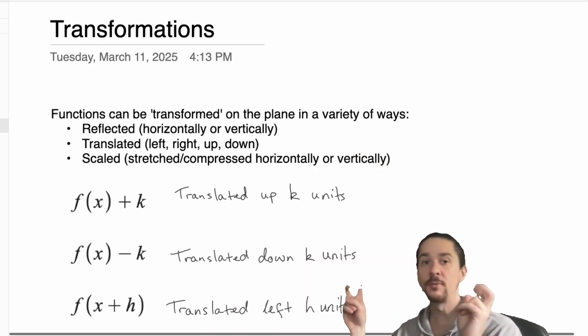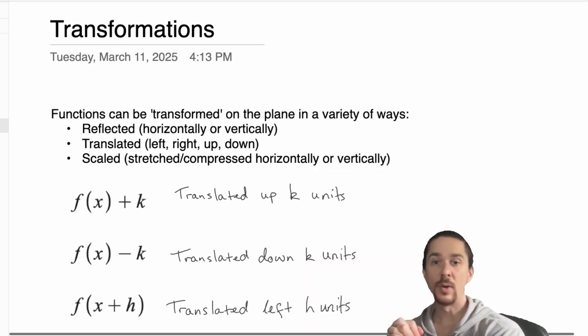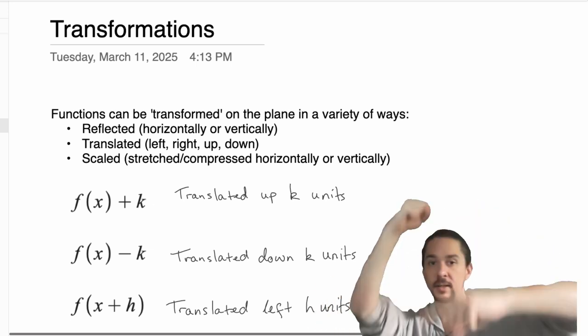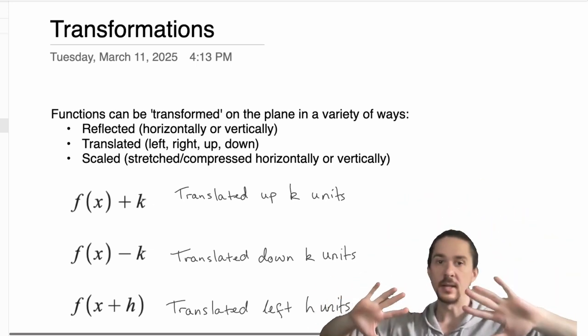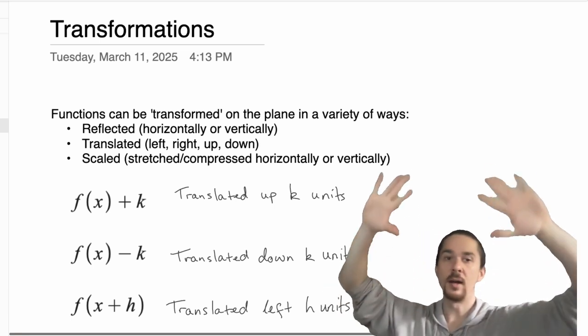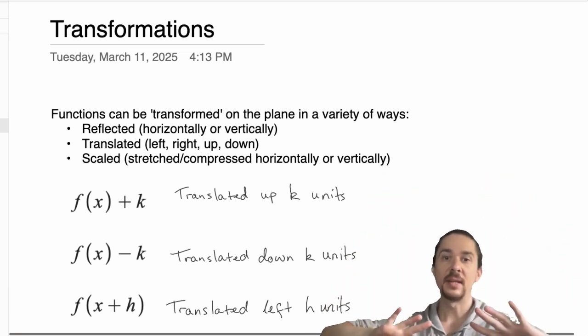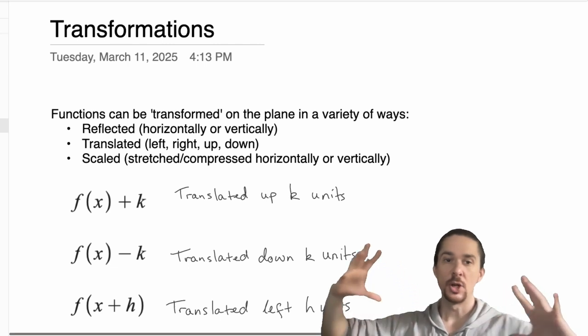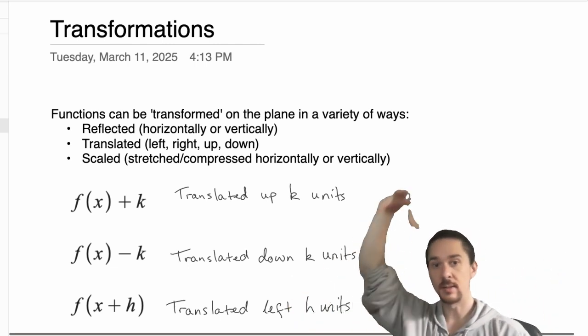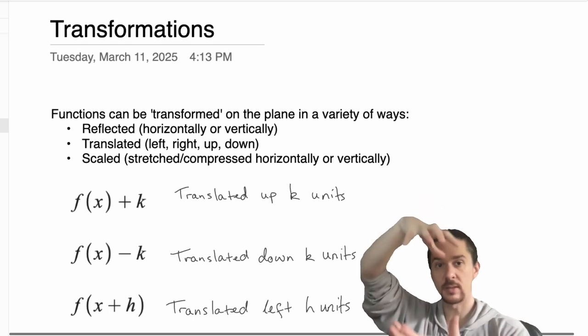Functions can be transformed on the plane in a variety of ways. They can be reflected horizontally, they can be reflected vertically, they can be translated to the left or the right, up or down, and they can be scaled. They can be stretched and compressed horizontally, and they can be stretched and compressed vertically.